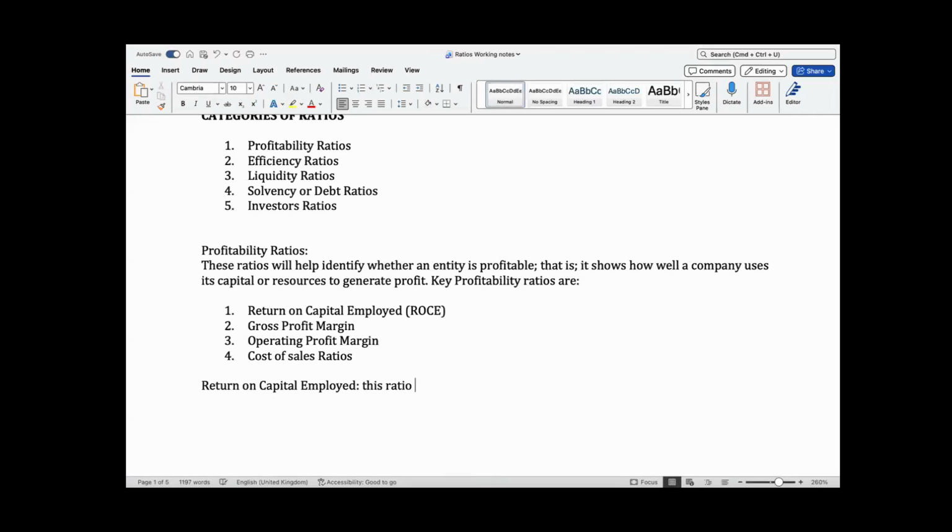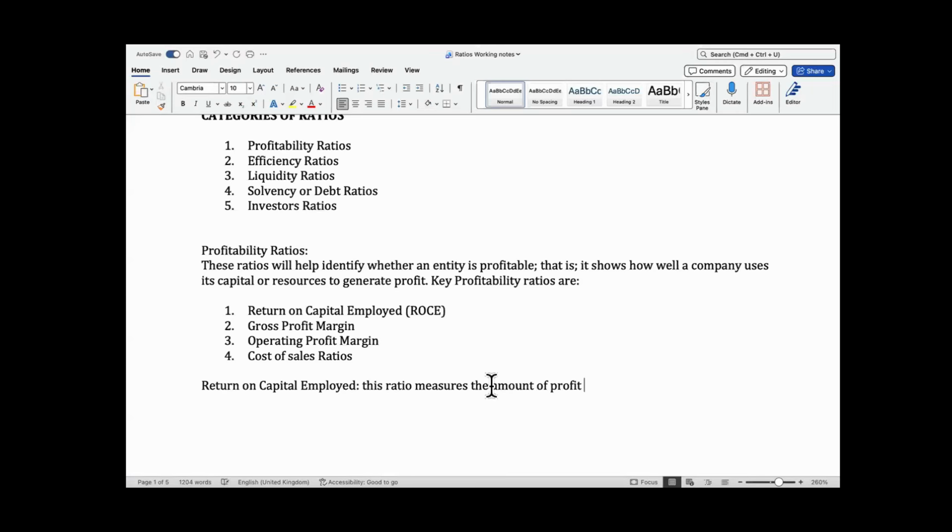You see, this ratio measures the amount of profits. Let me keep it that simple for you.